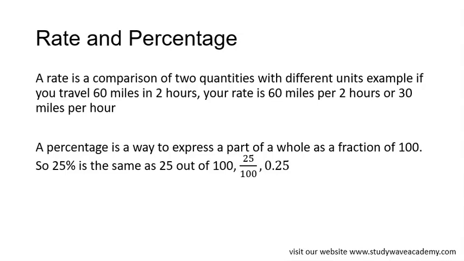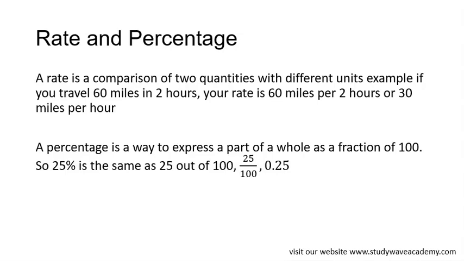A rate is a comparison of two quantities with different units, okay? Example, if you travel 60 miles in 2 hours. Two quantities of different units. Did you understand that? 60 miles in 2 hours.